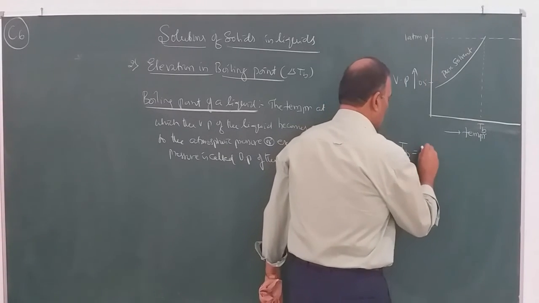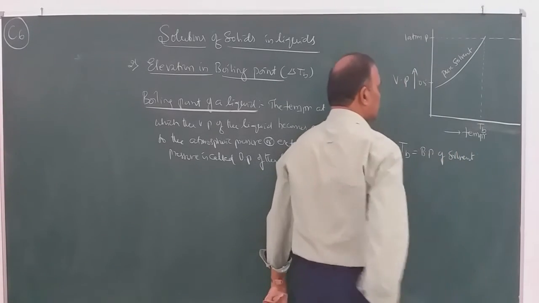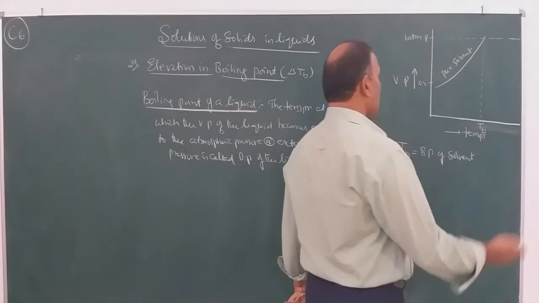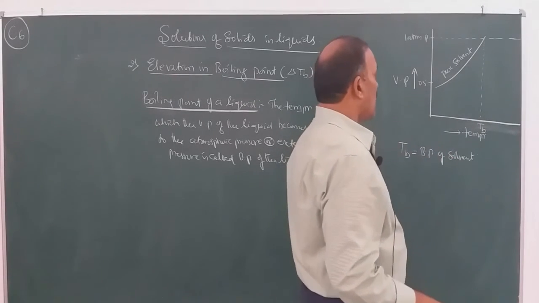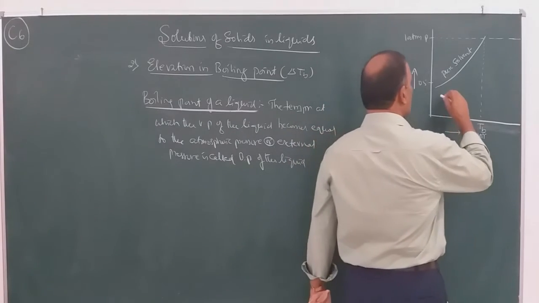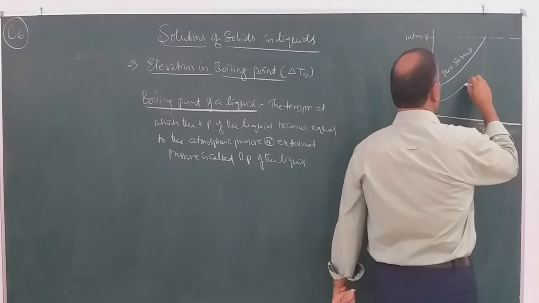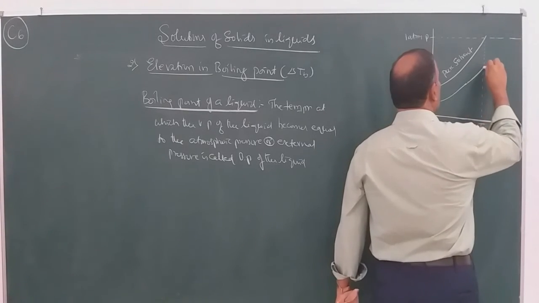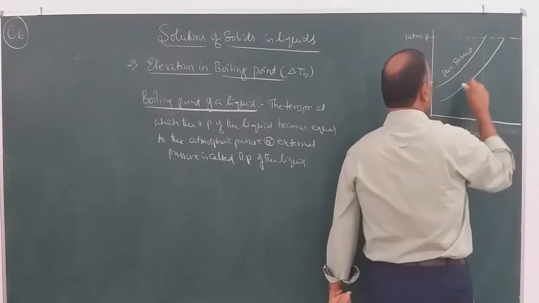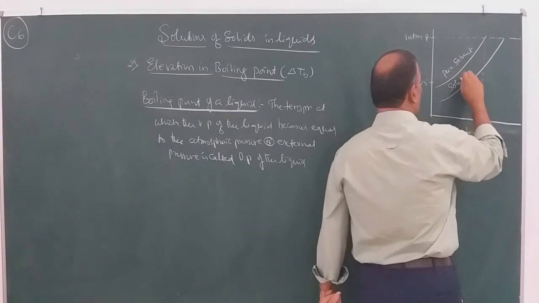So TB is equal to boiling point of solvent. On the other hand, if a little non-volatile solute is added into solvent, it becomes solution. So vapor pressure of solution decreases by the addition of solute. So this is the vapor pressure composition curve of solution.